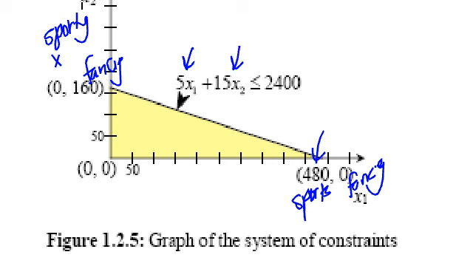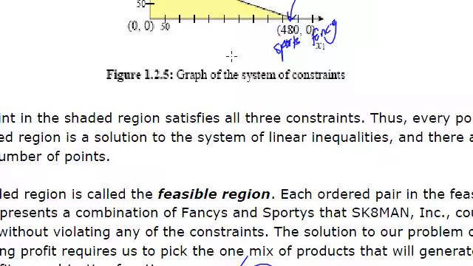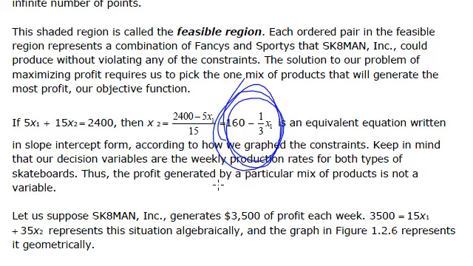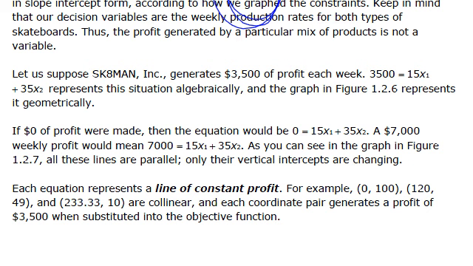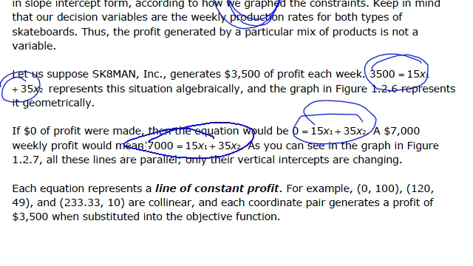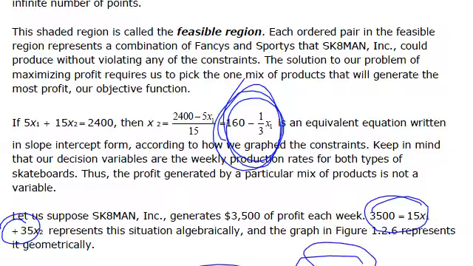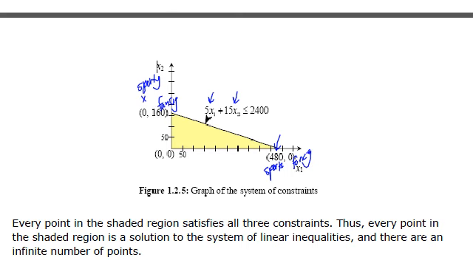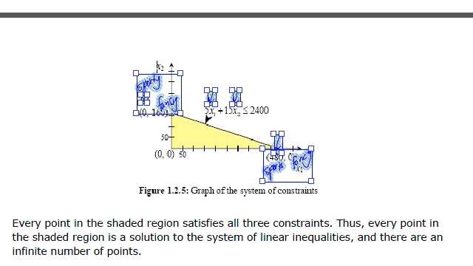Now I'm just going to zoom back out to look at what the profit equations would look like. So certainly this would be the profit equation for 3,500, for 0, and then for 7,000. Based on the equation that we first had, looking at the three values, and referring back to our constraints, when would we have the most profit?